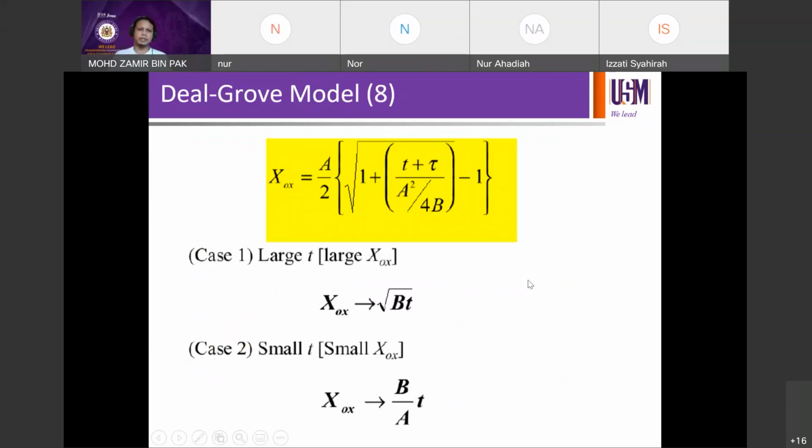So X ox can be written as this equation, the one above. For case one, where T is large, if you relate that to the previous linear and parabolic modes, you can always come back to here and sketch this: X ox on your y-axis and T on your x-axis.